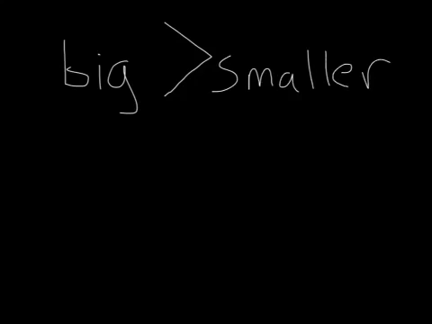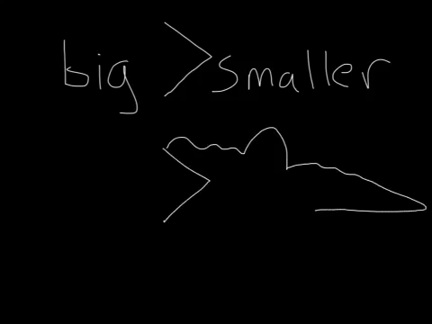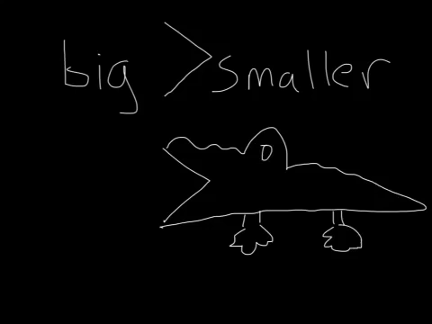You may have seen someone draw the little crocodile. I've been having complaints that people don't get to see my artistic abilities this year so much, so here you go. The alligator wants to eat the big meal, so it has its mouth open towards the big side.